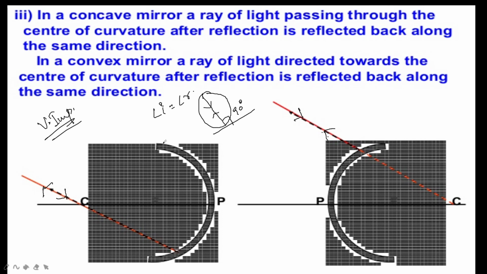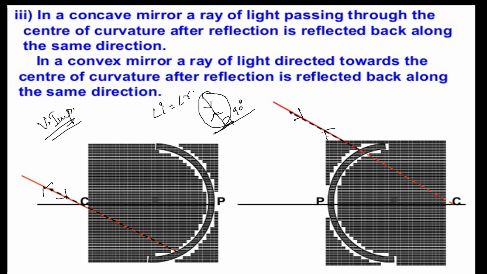Such a ray of light retraces its path because it strikes the mirror normally or perpendicularly. If it is hitting like this, it will retrace the same path.